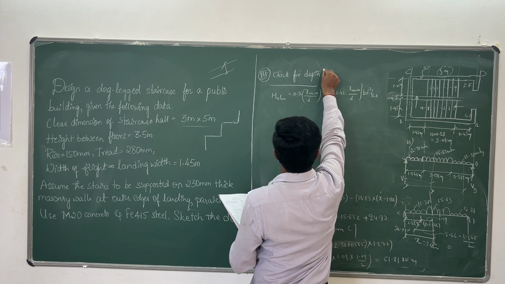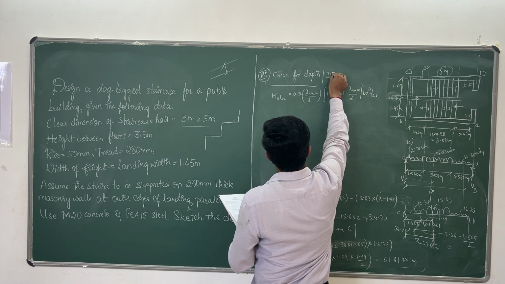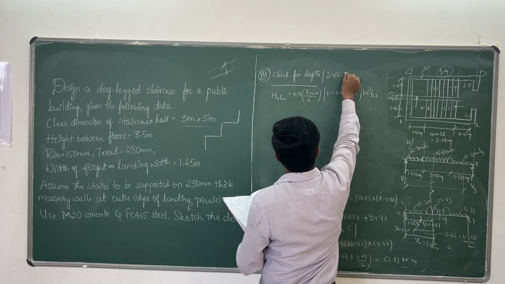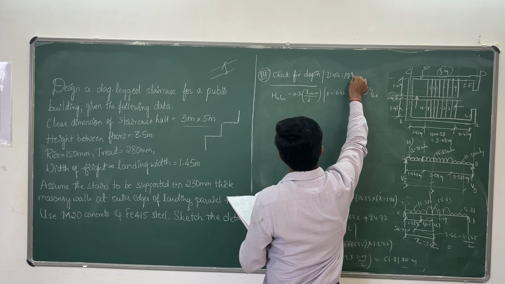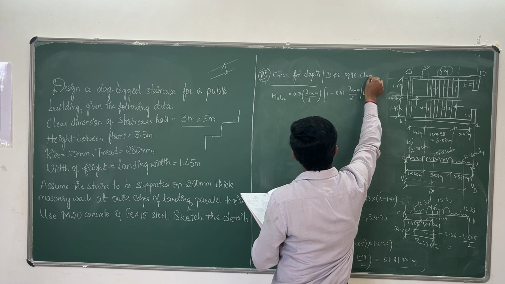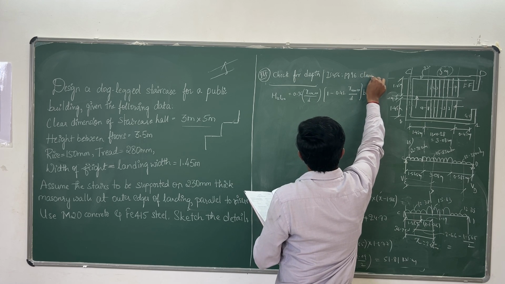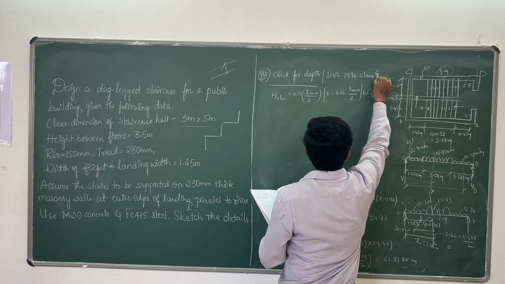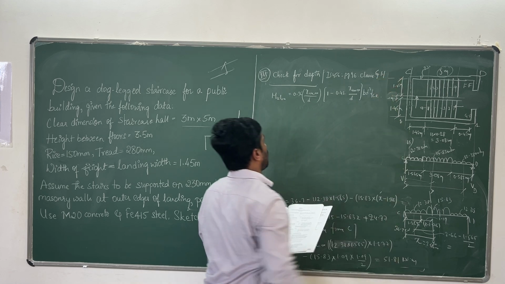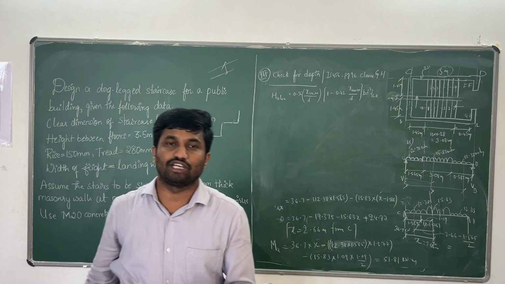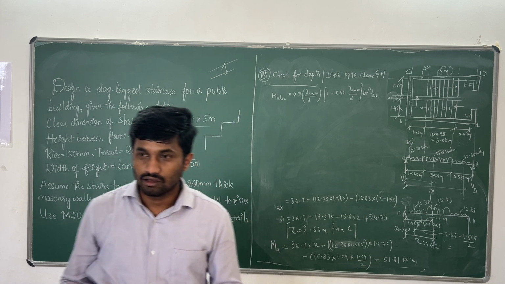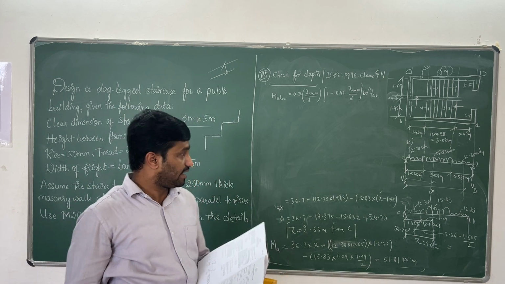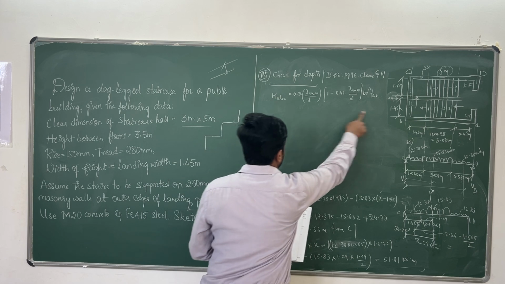This is available in IS 456 page number 96 of clause G 1.1. You have to write all these things in your final examination. Clear? So go to page number 96, write the equation.